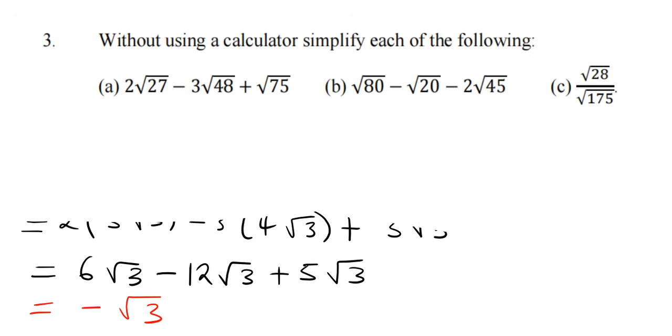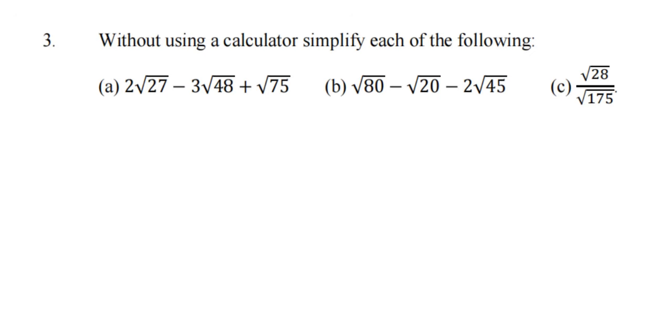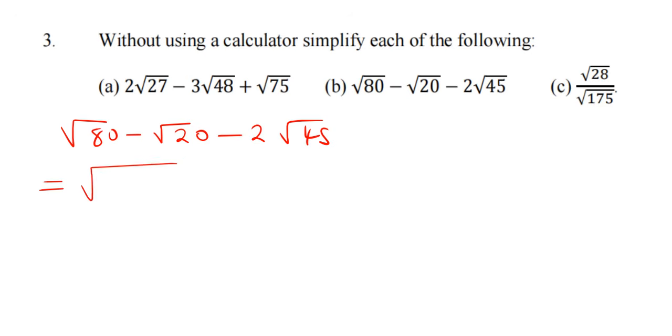Let's go to B. So for B, we've got root 80 minus root 20 minus 2 root 45. Okay, so we start with 80. Let's say our root 80 is here. Let's start with 2.